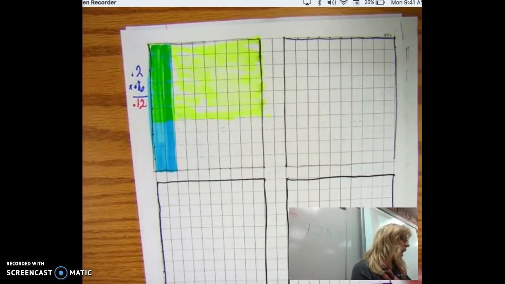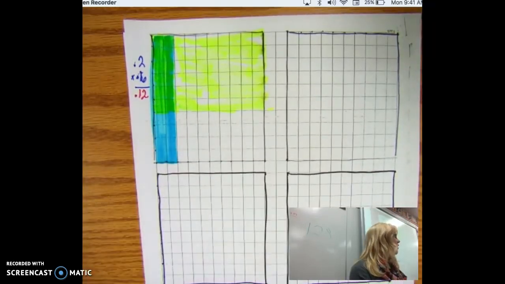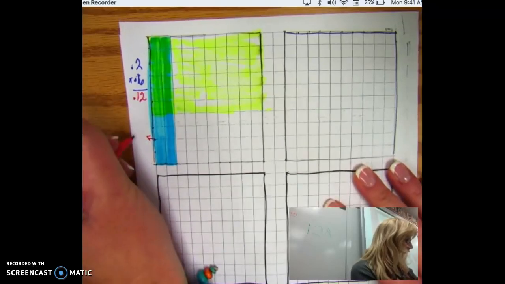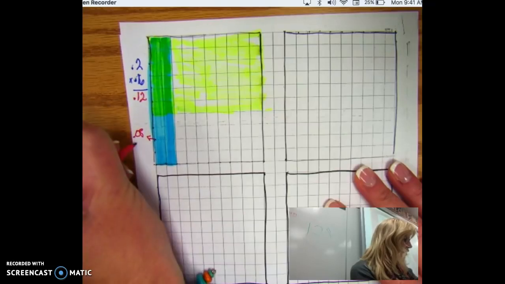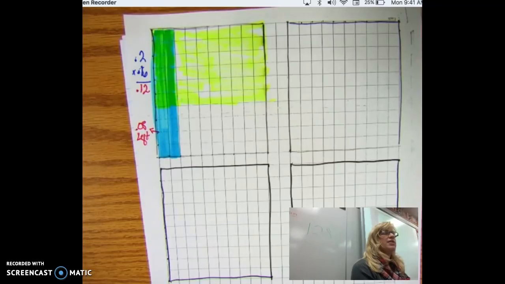And I still have, how many hundredths do I have left to eat if I were to count these down here? Parker. So right here I have 0.08, so I have 8 hundredths left that I can eat like right before bed just because I like to eat chocolate at night, right?